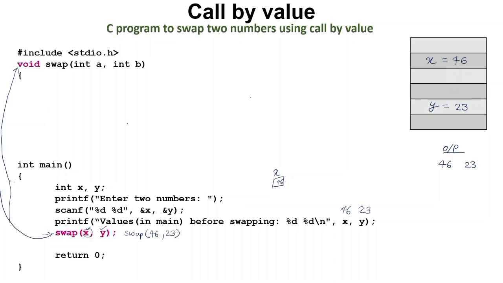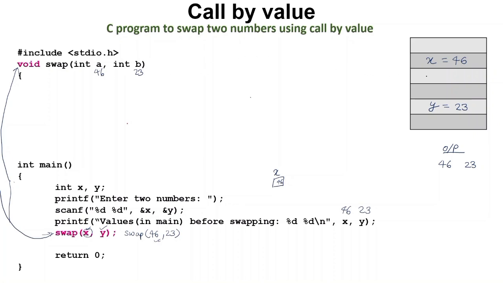And what are the values that you have passed? 46 and 23. x is the variable which contains 46, so that value is passed over here. So A receives 46 and B receives 23.